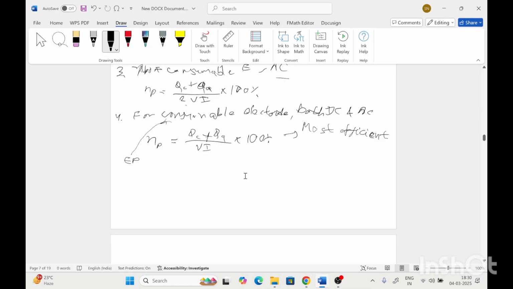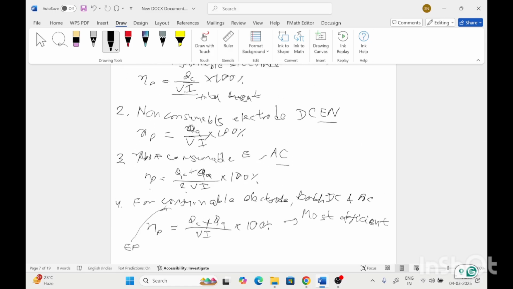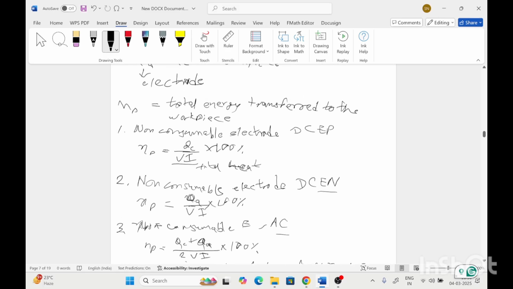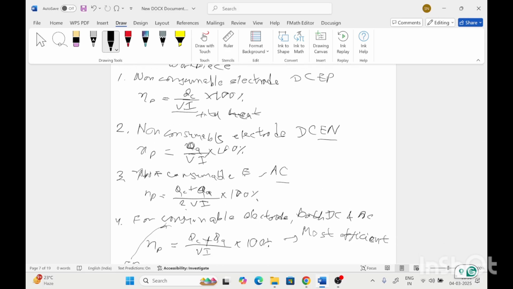Okay, let me continue. So I was talking about the heat transfer efficiency in non-consumable and consumable arc welding. The heat transfer efficiency for the DCEP polarity for non-consumable is QC divided by VI into 100%. So VI is the total heat and QC is the heat generated at the cathode.